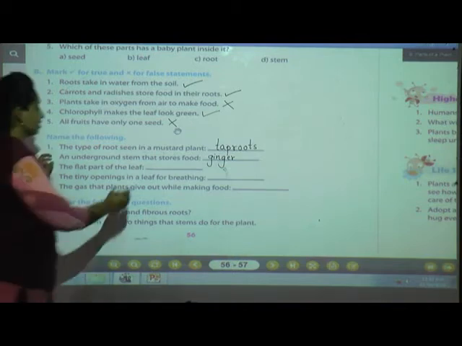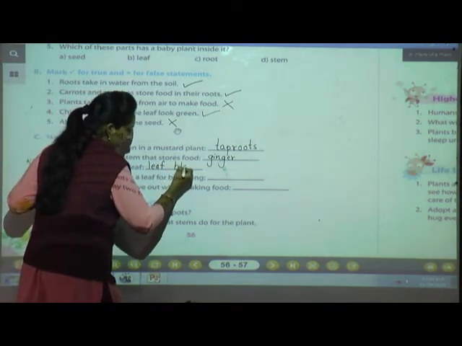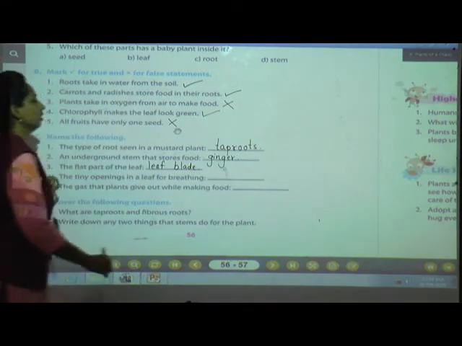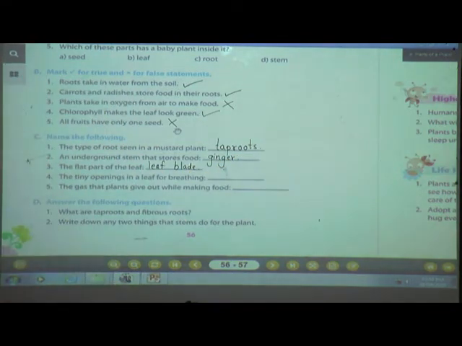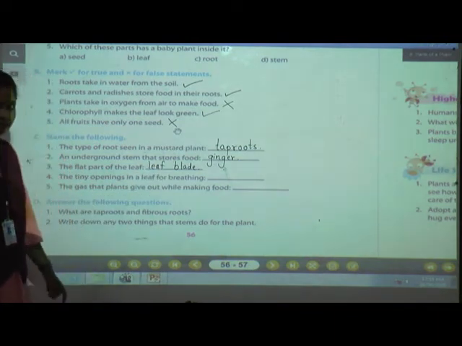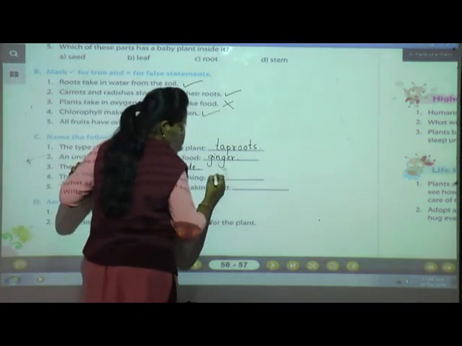Very good. It's called a leaf blade. Now fourth one. What is the fourth one? The tiny openings in the leaf for breathing. Yes, leaves also breathe with the help of stomata.